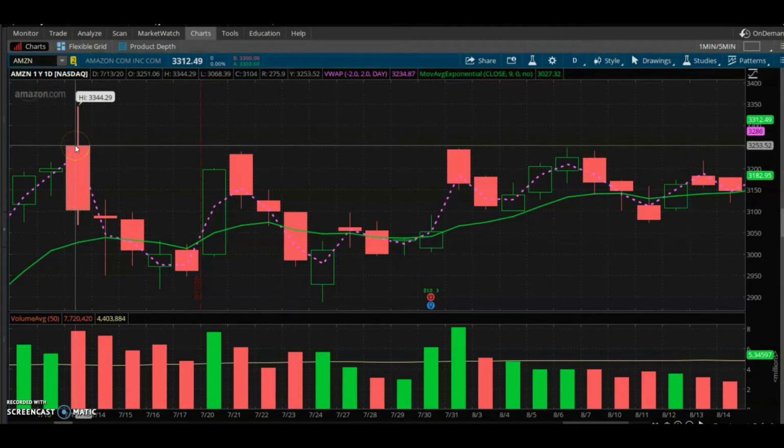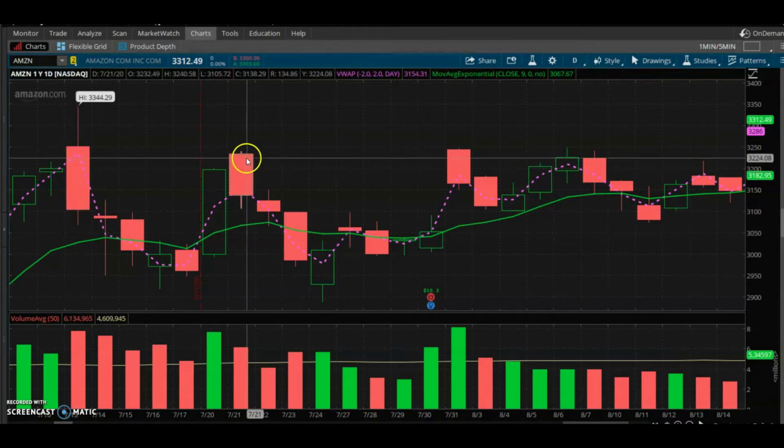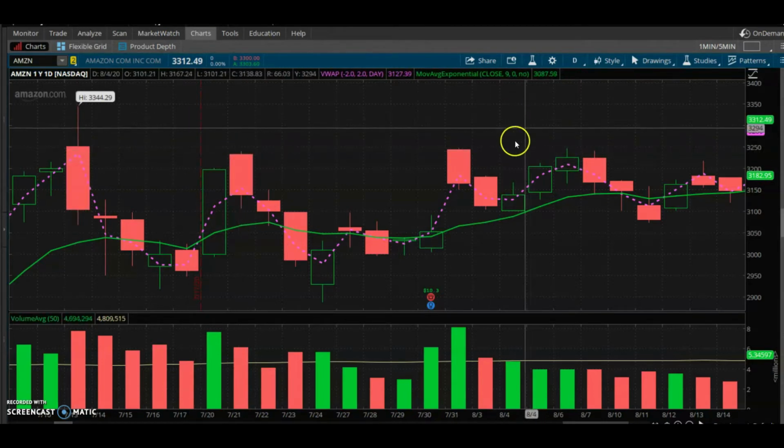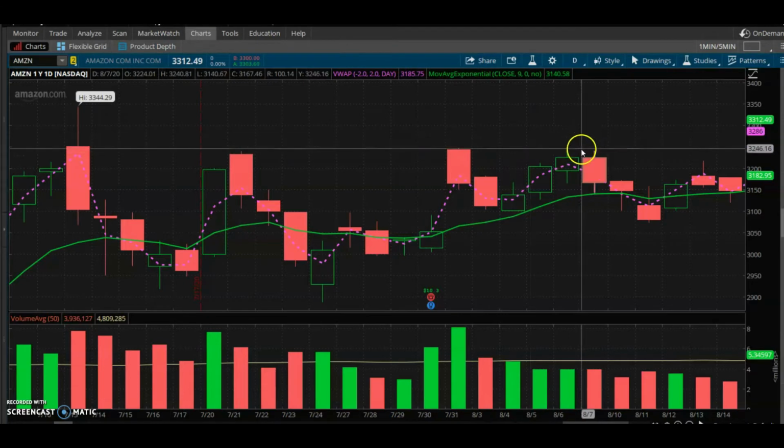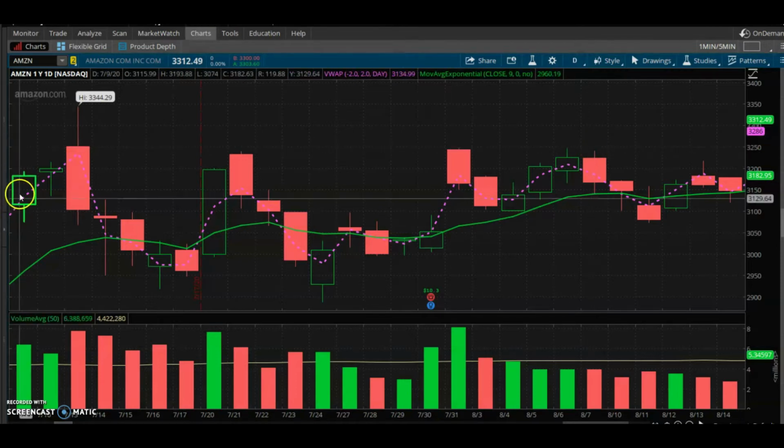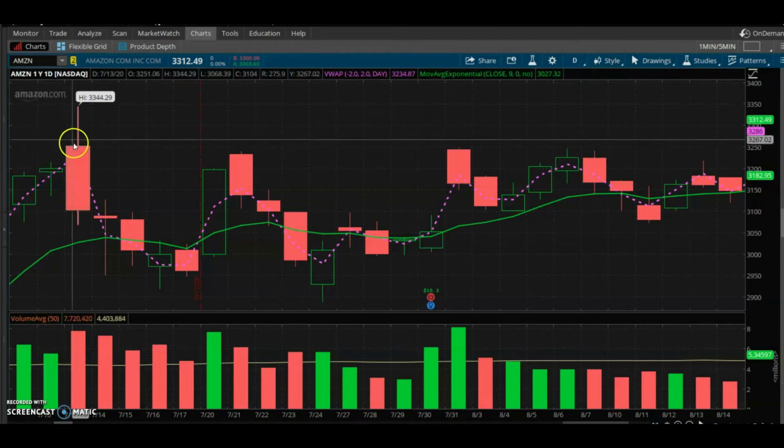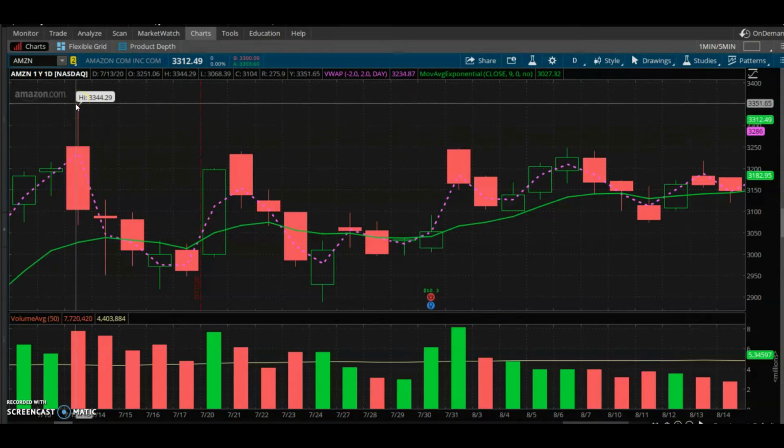0.1, 0.2, 0.3, 4, and 5. On these 5 days, the price of Amazon attempted each time to go past this point. On this first attempt, it did go up to 3,300 here, but it retraced and ended up closing down on the day.